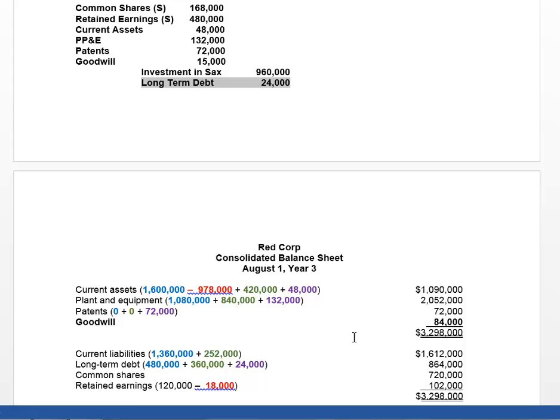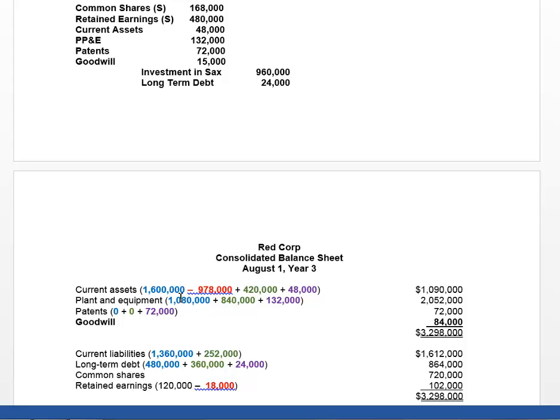So now, with that in mind, let's go ahead and prepare the consolidated balance sheet. What I'm doing here, I've got some things color-coded because we're preparing the consolidated balance sheet at August 1st, year 3. You can see our statements in the question are at July 31st, year 3. We're taking all these opening balances for Red and for Saks at July 31st.